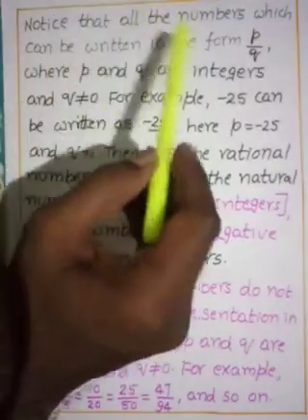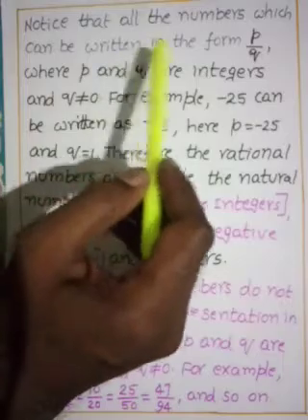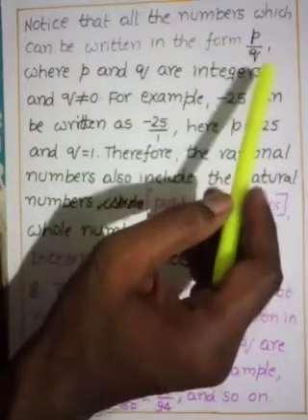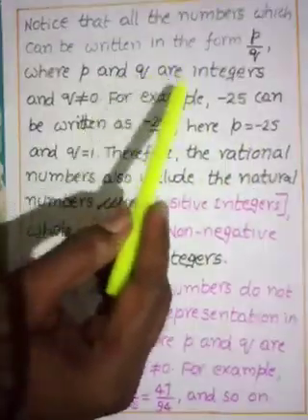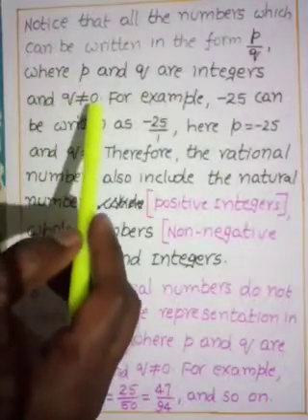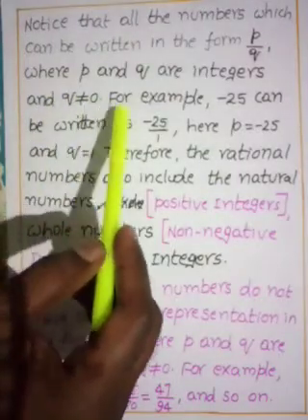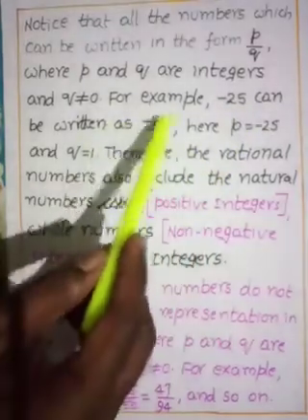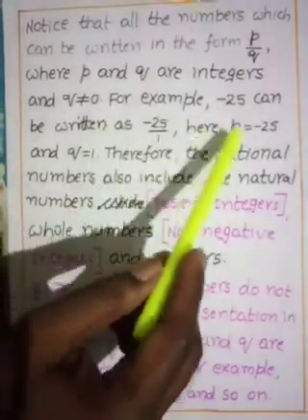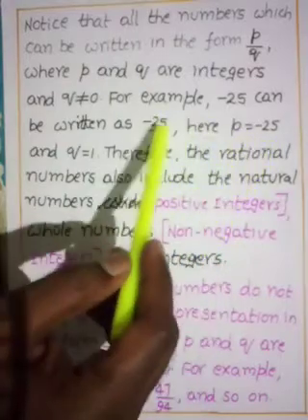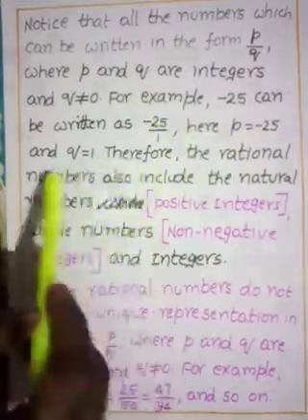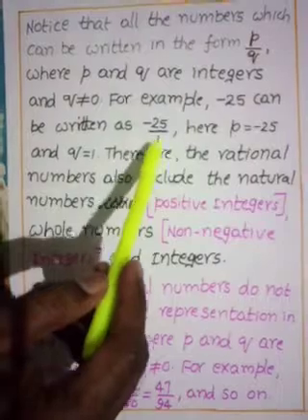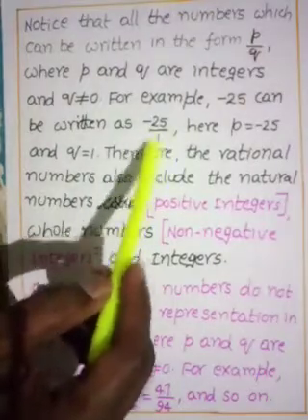Notice that all the numbers which can be written in the form p by q, where p and q are integers and q is not equal to 0, are rational. For example, minus 25 can be written as minus 25 by 1. Here p is equal to minus 25, the numerator, and q is equal to 1, the denominator.